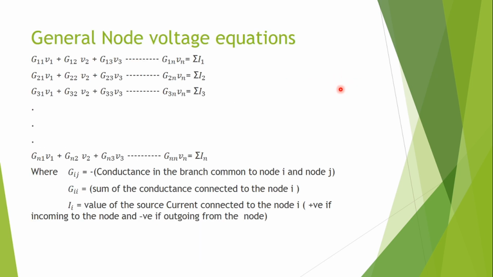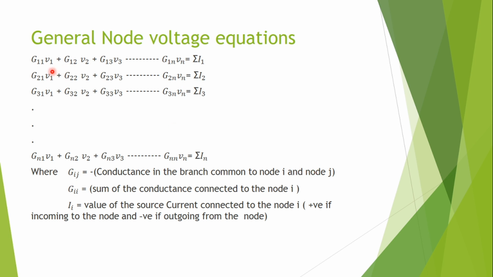Now what is the general node voltage equation? G11 V1 plus G12 V2 plus G13 V3 up to G1n Vn equal to sigma I1. G21 V1 plus G22 V2 plus similarly equal to sigma I2. In this, what are the values? Gij, that is G12, G13, G32, Gn1, all those things: Gij is equal to minus the conductance in the branch common to nodes i and j.